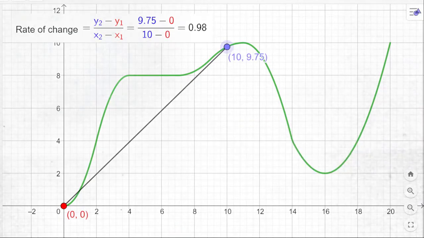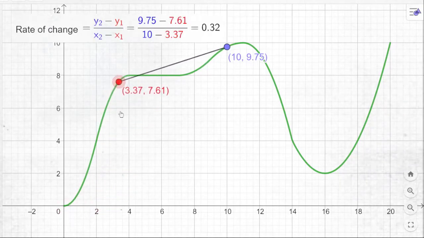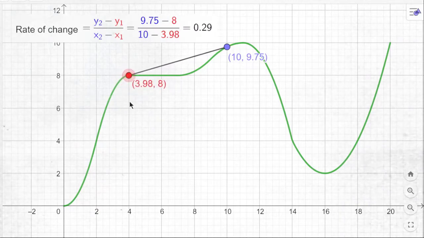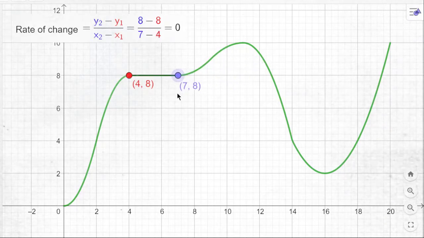Now, if I want to know the average rate of change over the time interval from 4 to 7, let's go ahead and do that. So I'm going to put this point so that its x-coordinate is at 4, and I'm going to take this point and put it so its x-coordinate is at 7. All right, and we'll do the same computation.